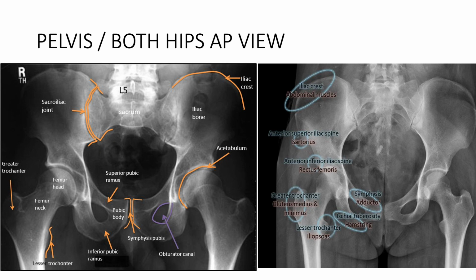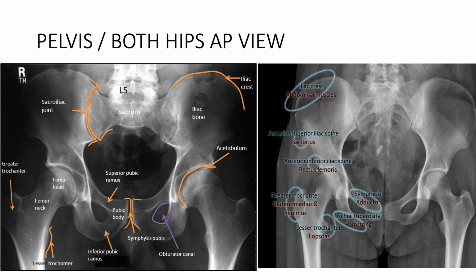On the lesser trochanter, the iliopsoas is attached. On the ischial tuberosity, the hamstrings. Around the symphysis, you have the adductor muscles. The importance of knowing these general areas of attachments of these various muscles is that when you see specific avulsion fractures, avulsion means it has been violently detached from its attachment.